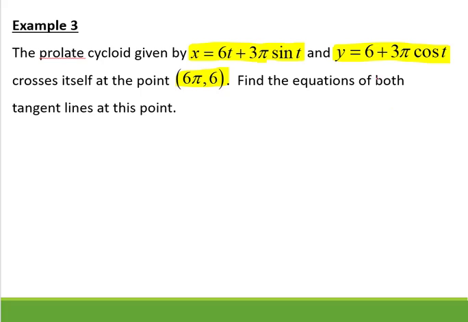I just caught that. Okay, so I find dy/dt. Derivative of 6 is 0, derivative of 3π cosine t is that. The derivative with respect to x is 6 plus 3π cosine t.